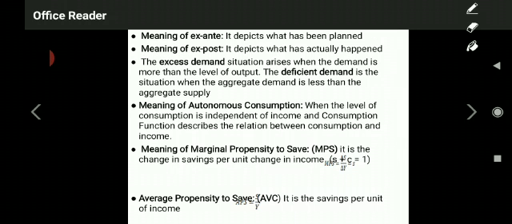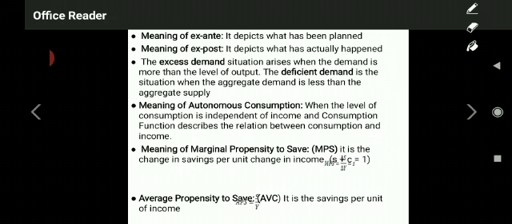If there is excess demand in the market, it pushes up the price of the commodity, with more money chasing too few goods. When demand is more than the available output, consumers are automatically ready to pay any price for that particular product. That is called excess demand.